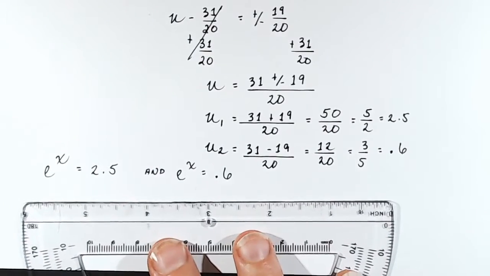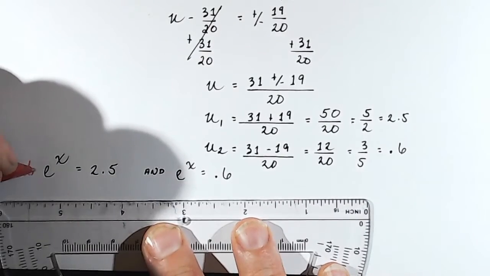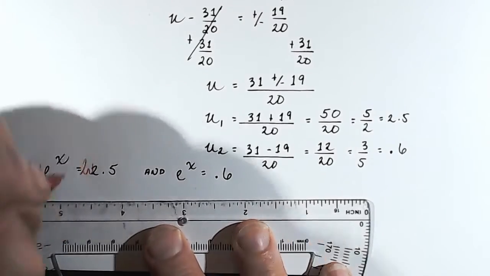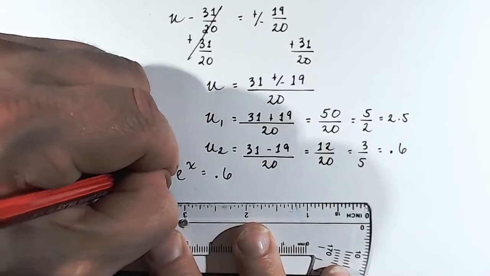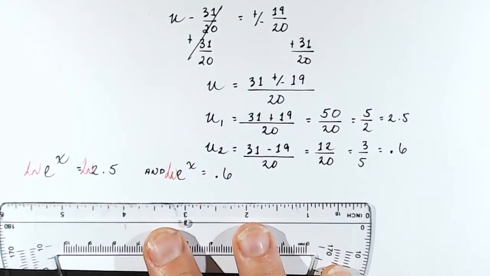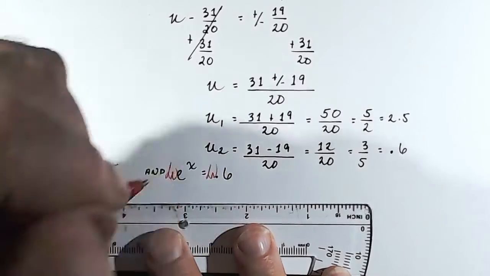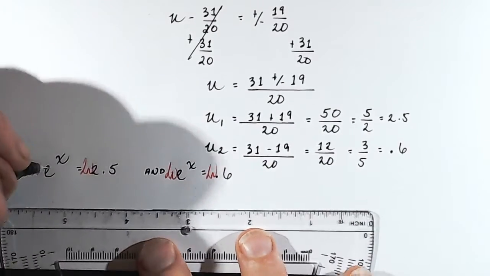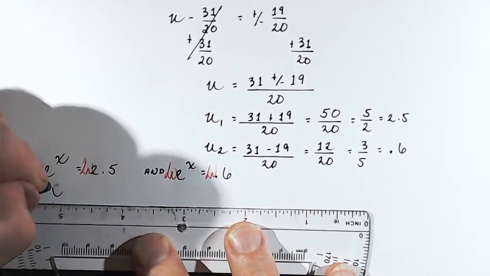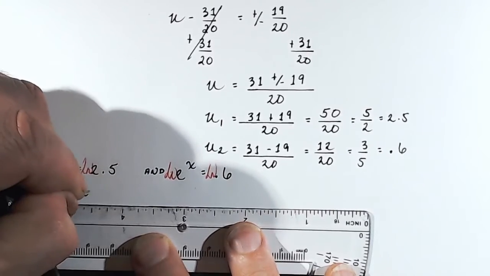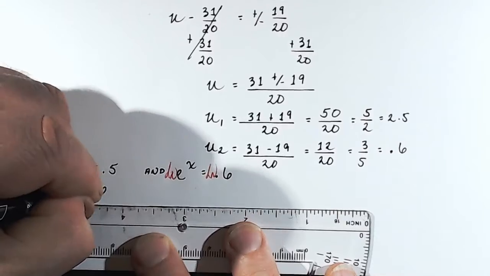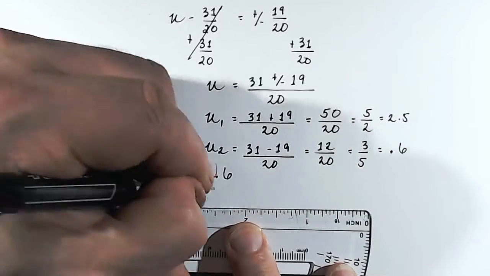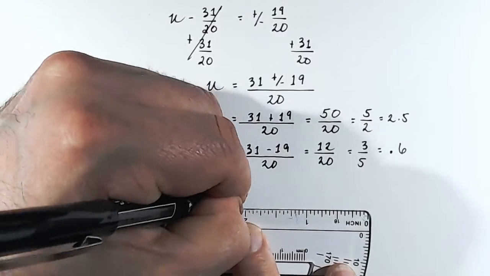So here I'm going to take the natural log of e to the power x and the natural log of 2.5. Same thing here, ln e to the x and ln 0.6. All right, so that allows me to bring down this x. x is equal to ln of 2.5. And over here, x is equal to ln of 0.6.